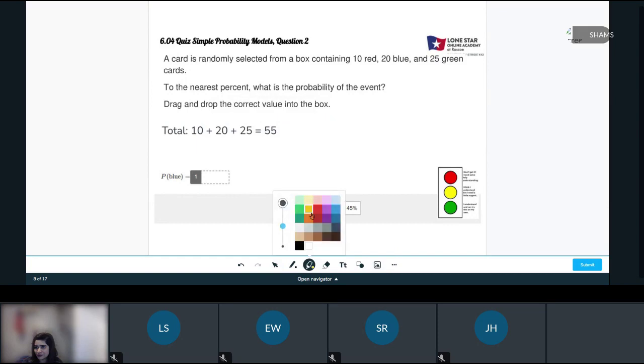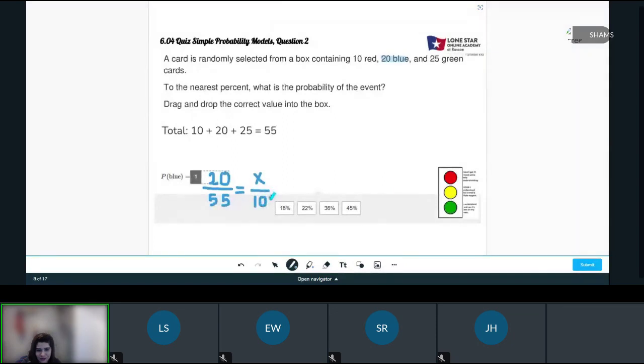Probability of blue. Let's see. We have 20 blue, right? So express that as a fraction. We have 20 blue out of the 55 total, and make it into a percent. 20 blue out of 55 total is x over 100.